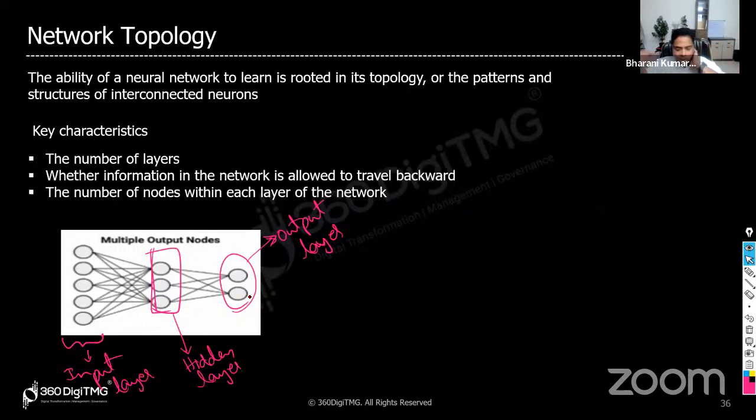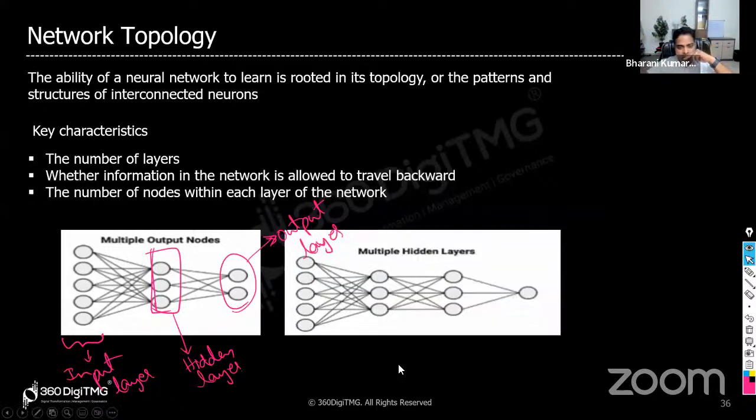So in the output layer, you can have multiple neurons. You need not always have a single neuron. You can have multiple neurons as well. Okay. And you need not have a single hidden layer. You can have multiple hidden layers also.